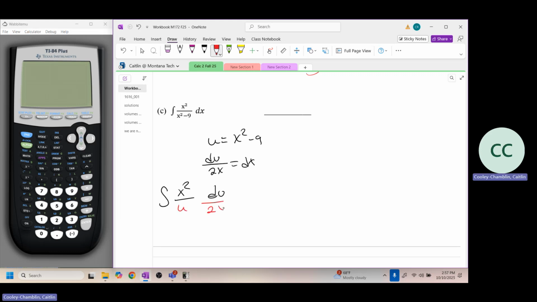U over 2x. One x cancels, but I still have an x. Nothing's happening. So we're done. It has to be some form of partial fractions. But wait. Notice that the highest power in the top and the highest power in the bottom are the exact same. That means we have to use long division.